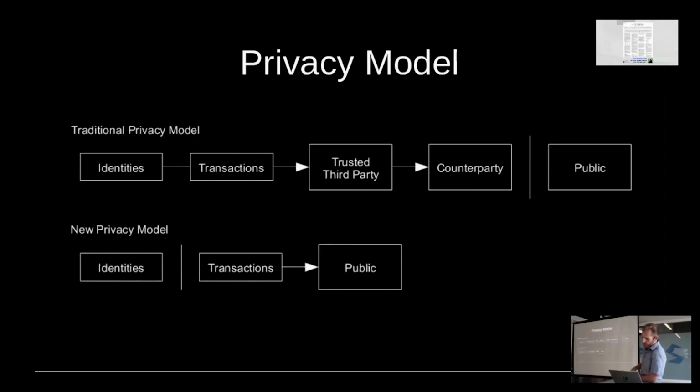So one other point I want to get into before we get to the end is the privacy model. This is something that's in the white paper. Satoshi's laying out that the traditional privacy model is you have to identify yourself, and then you have these transactions. They have to go through a trusted central authority, and it's that central authority that deals with your counterparties, and they also have to deal with the central authority, and they're the gatekeeper.